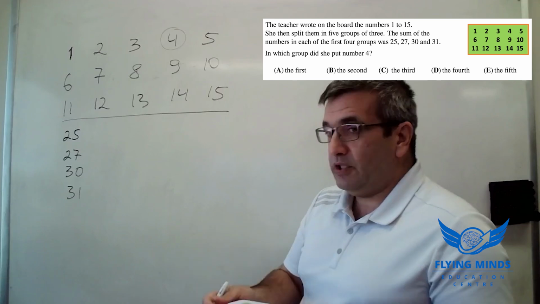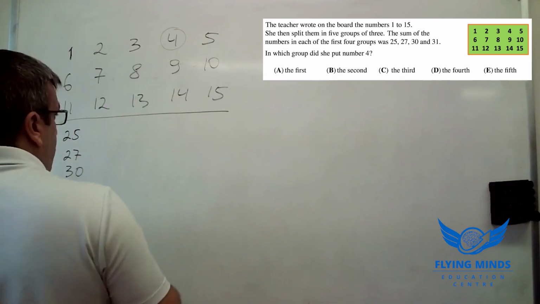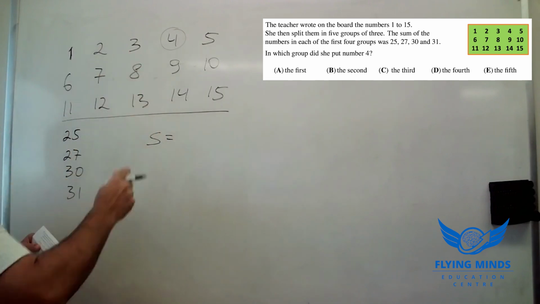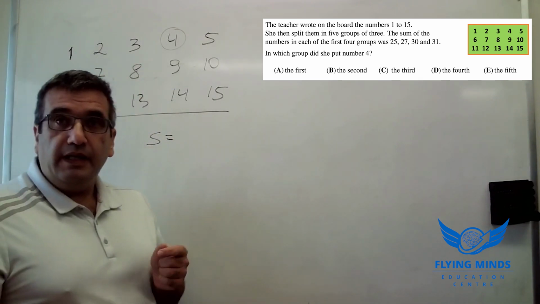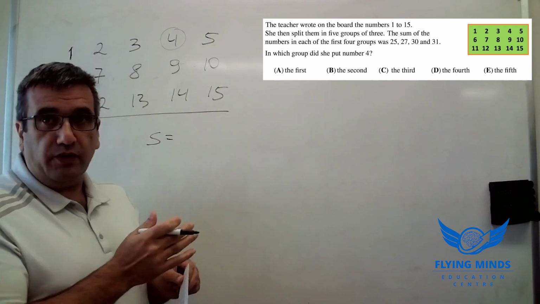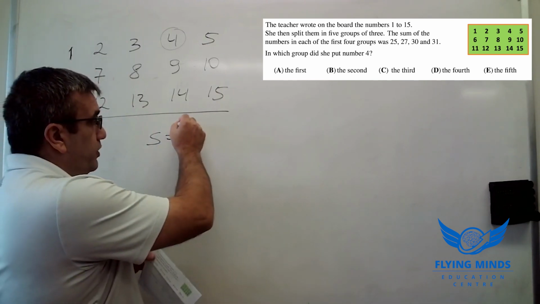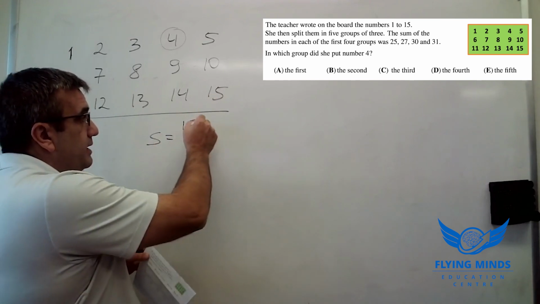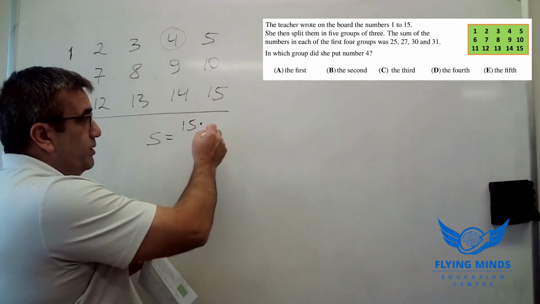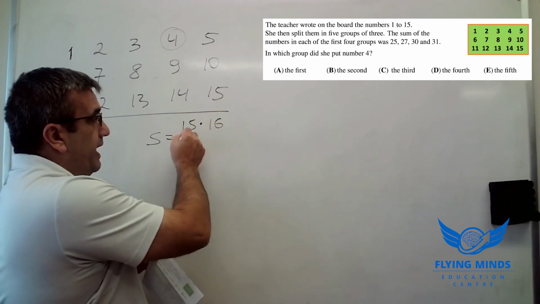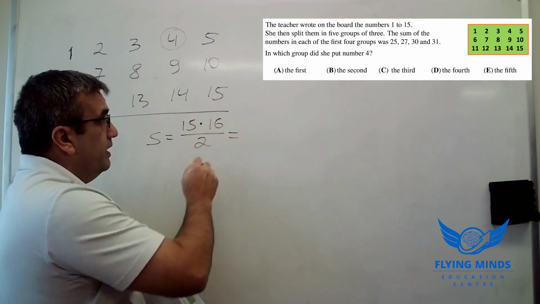We can use Gauss' formula, which tells us that the sum of n consecutive numbers equals n times n plus 1, which is 16, divided by 2.